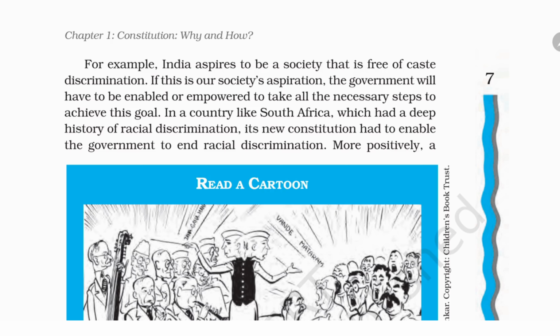If this is our society's aspiration, the government will have to be enabled or empowered to take all necessary steps to achieve this goal. In a country like South Africa, which had a deep history of racial discrimination, its new constitution had to enable a government to end racial discrimination.